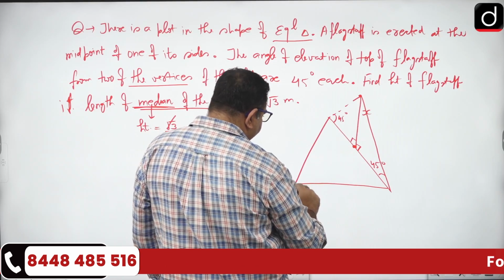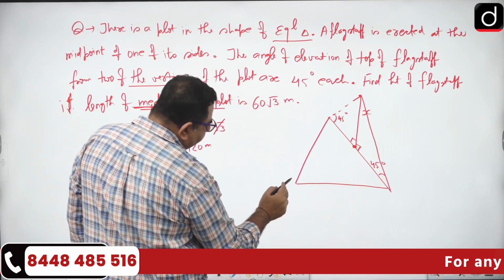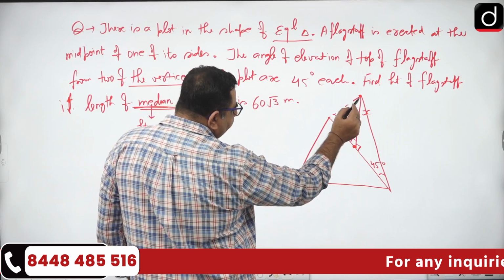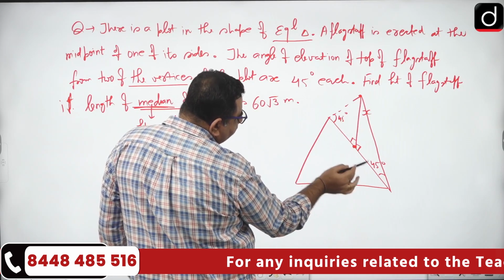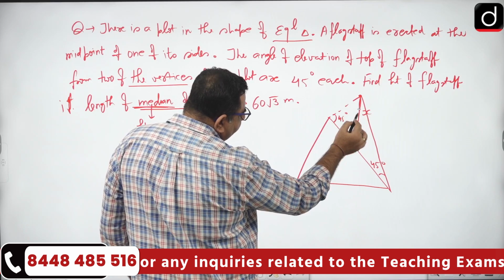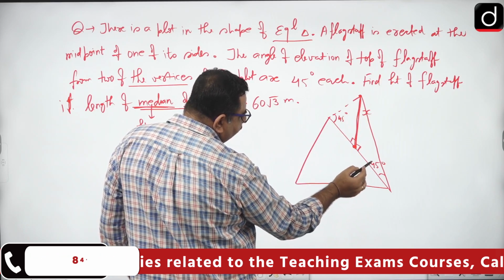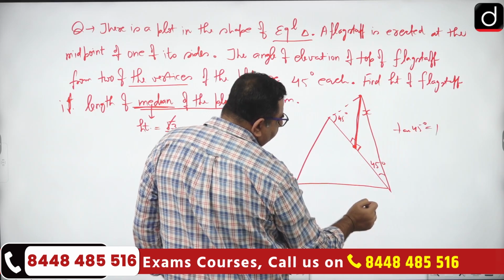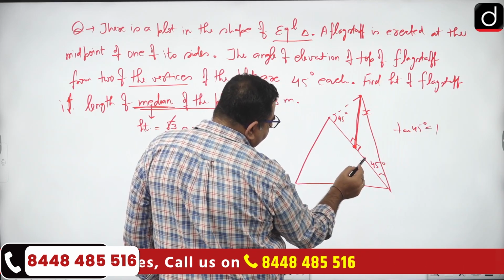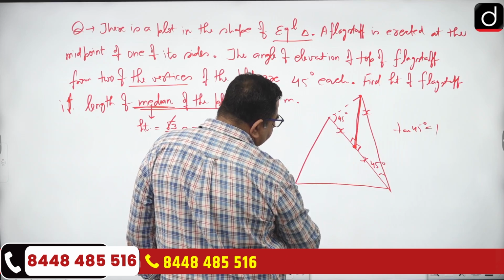And if you see from this vertex, it cannot be 45, right? Because from these two, if this is x, this angle is 45 degree. So tan 45 is 1. So if this is x, this also would be x, this also would be x, right?